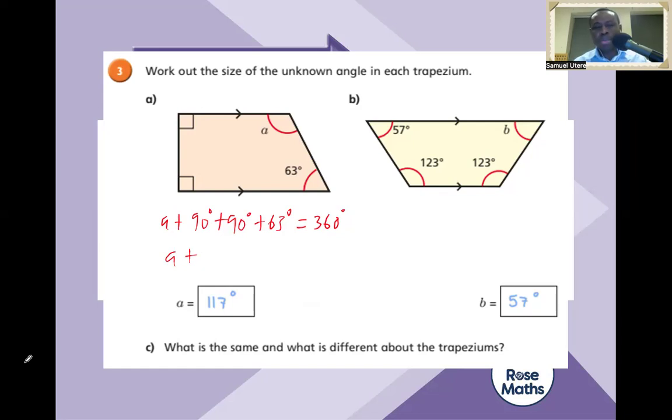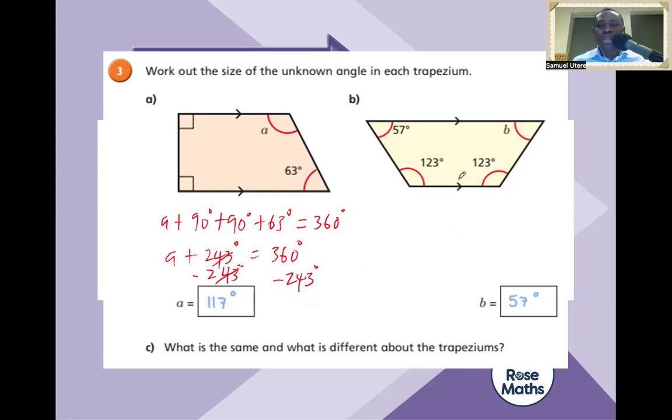That will be 243 degrees. So A, add 243 degrees, equals 360 degrees. Using our equation solving skills, we subtract 243 from both sides. That gives us our answer of 170 degrees.